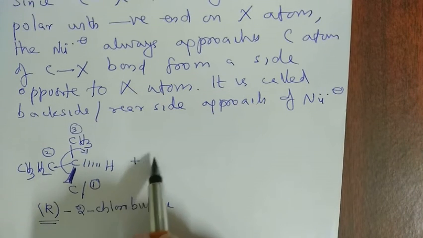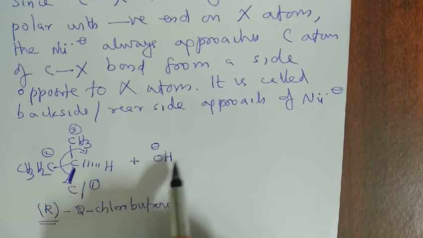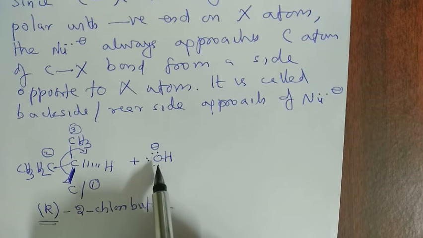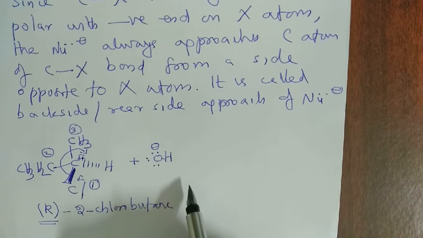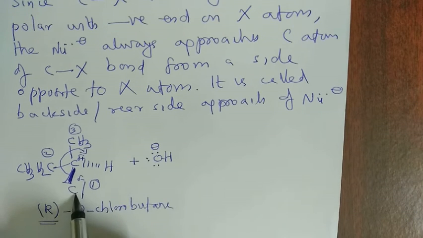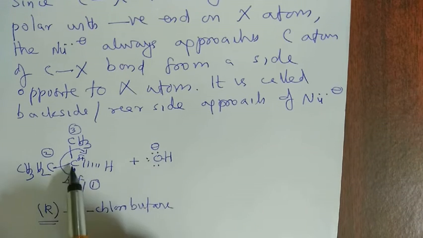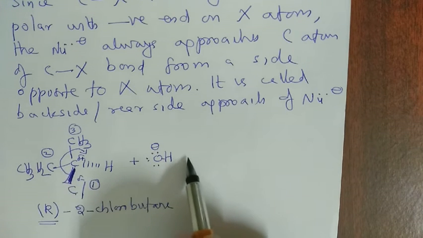When it is subjected to nucleophilic substitution reaction with aqueous solution of NaOH, the nucleophile approaches the carbon atom of the carbon-chlorine bond from a side opposite to chlorine. Here chlorine is pointing towards the observer, so the OH group will approach this carbon atom from the rear side or back side.